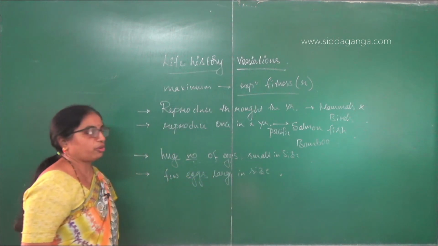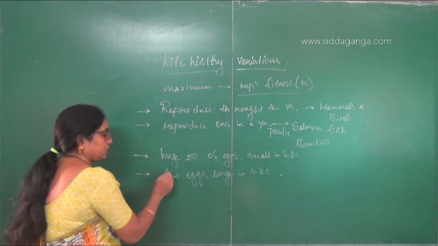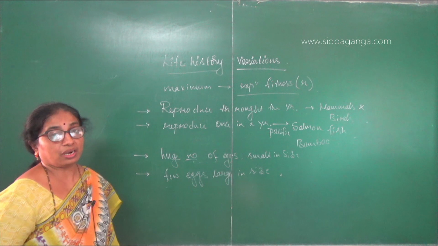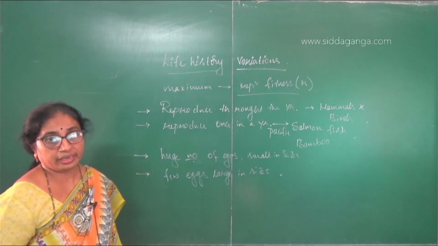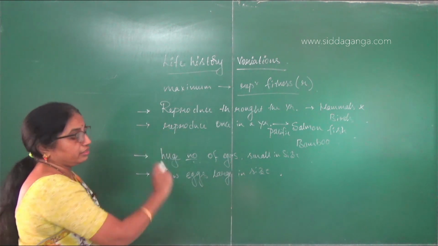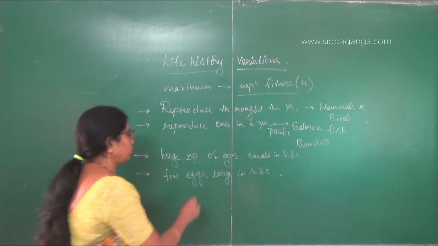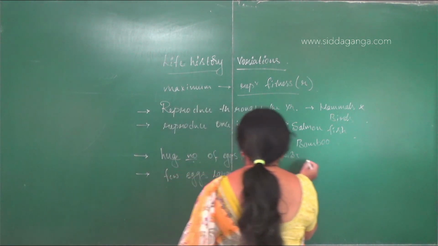So a huge number of eggs which are small in size, and a few eggs which are large in size, are laid by the organisms to attain reproductive fitness.